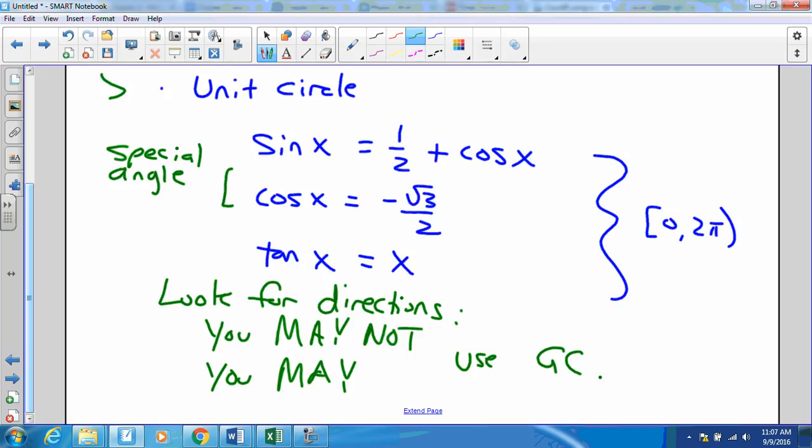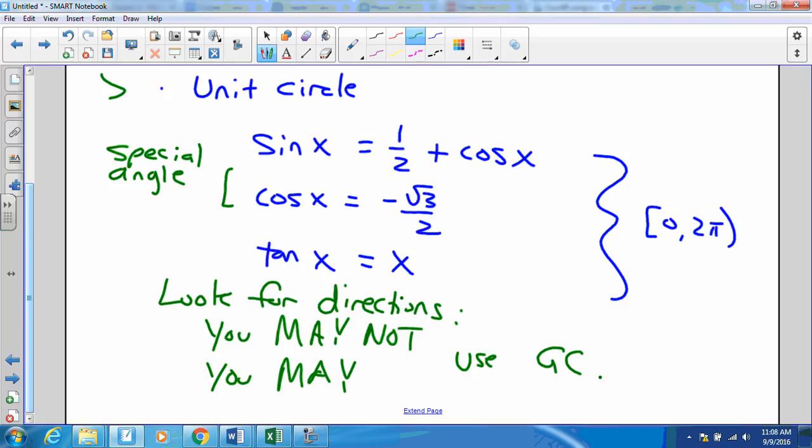If the directions allow you to use the graphing calculator, that's a really good idea. It may be the case that you see this question, you go, oh, I know that special angle, and you just do it from memory and that's okay. But even there, I would use the graphing calculator to check, because sometimes our memory is wrong.